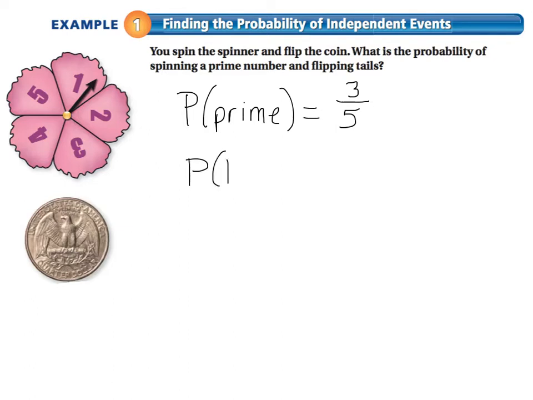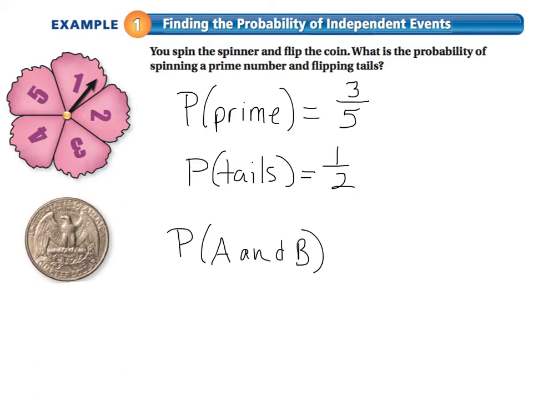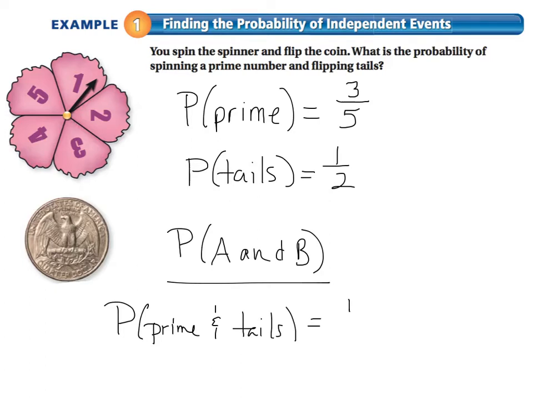The probability of flipping tails is 1/2. So the probability of both events, which is our formula, we would plug that in as the probability of prime and tails, would be multiplying them together, 1/2 times 3/5, which equals 3/10, or we could write that as 30%.